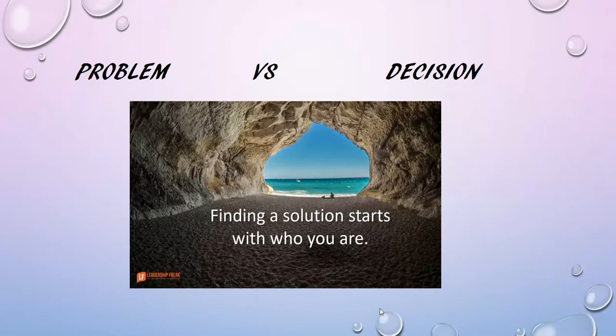Sometimes we see problems where other people don't, and vice versa. Your situation is not like anybody else's. So, defining a problem starts with you. Problems can be classified as things that have already happened, that lie ahead, or things that you want to prevent from happening.